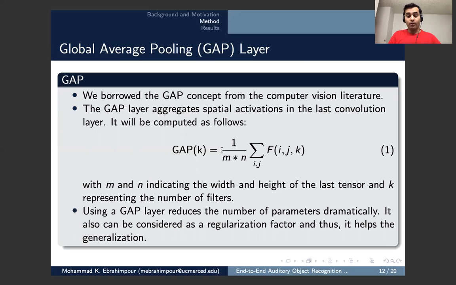K here, however, basically represents the number of classes. So we are going to end up with number of classes neurons, and by that we reduce the number of parameters dramatically, and it can be considered a regularization factor, and it may help the generalization as well.